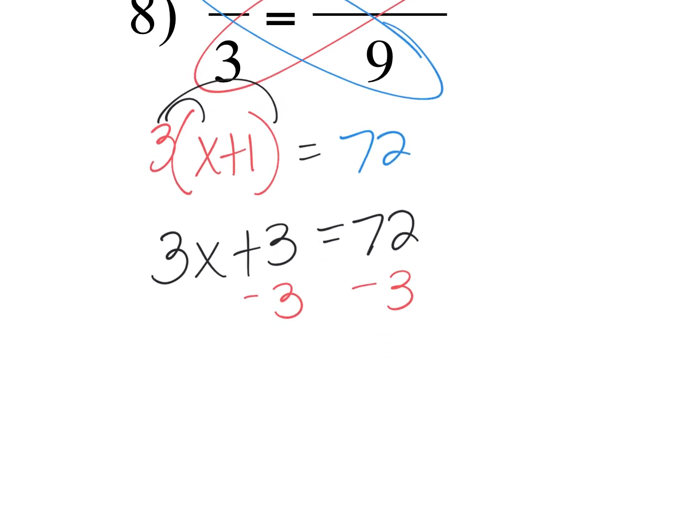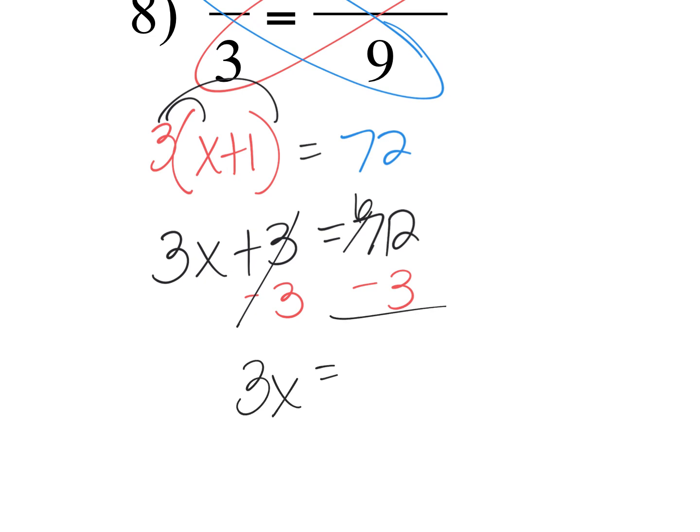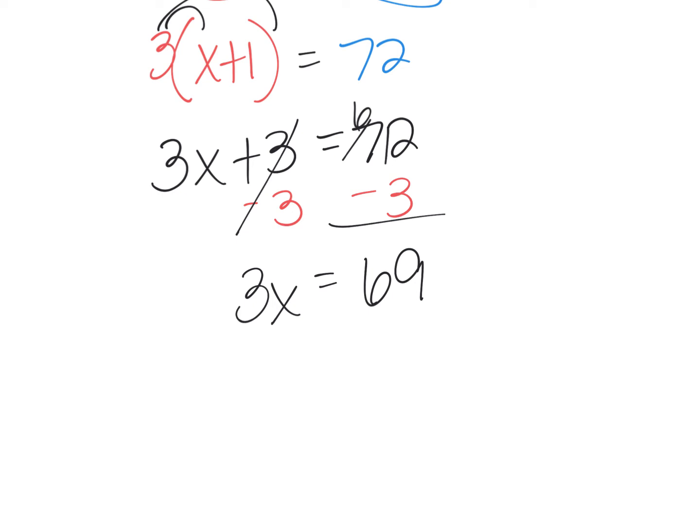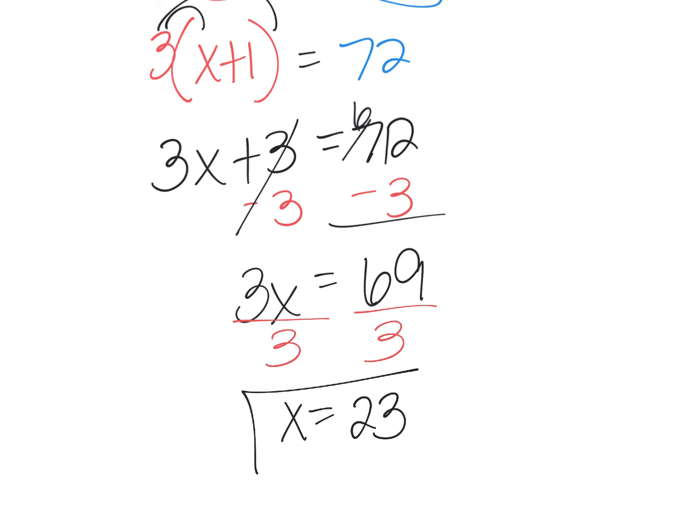Minus 3, minus 3. 3x equals 69. Divide by 3, divide by 3. X equals, what would that be, 23, I believe.